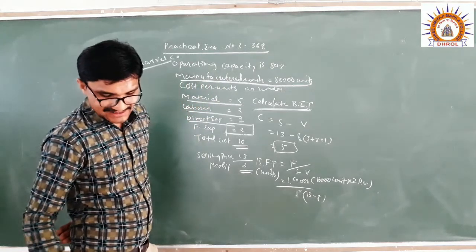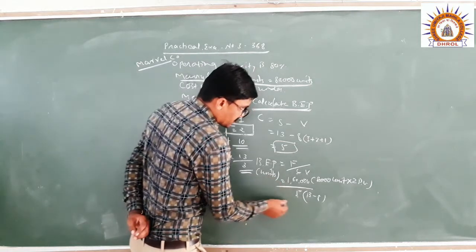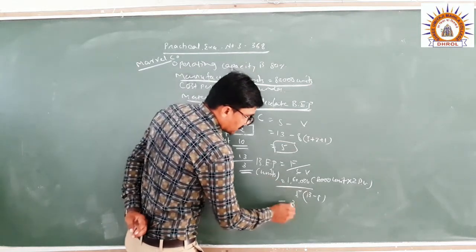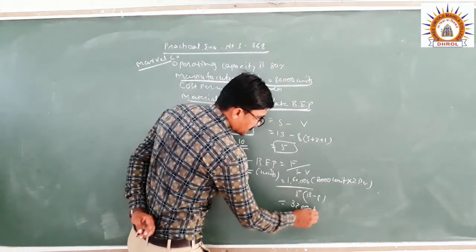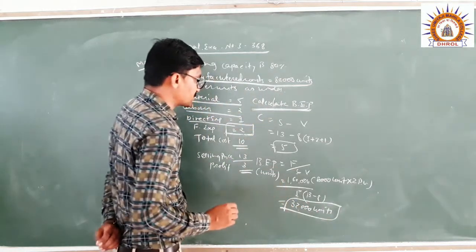As per your book, the answer is 32,000 units.